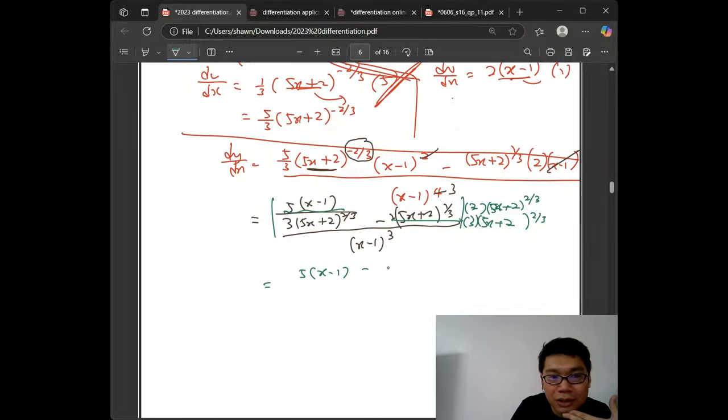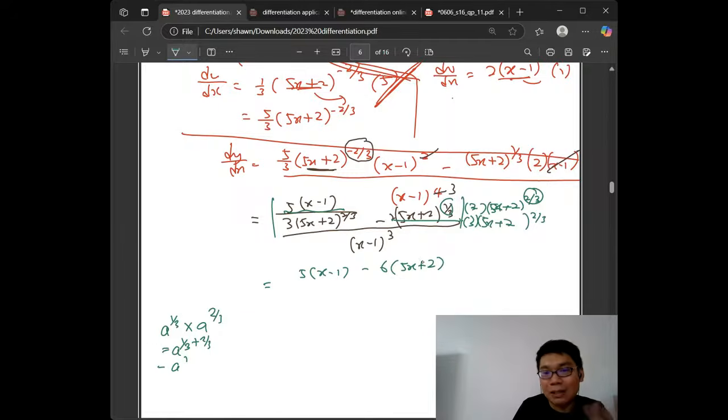Okay, 2 times 3 is 6. And then 5x plus 2 power half times 5x plus 2 power 2 over 3 means that the 2 powers will join together, because if you use this thing times this thing, according to the indices rule, the power just adds up. So the 5x plus 2 power 1 over 3 will become 5x plus 2 power 1 only.